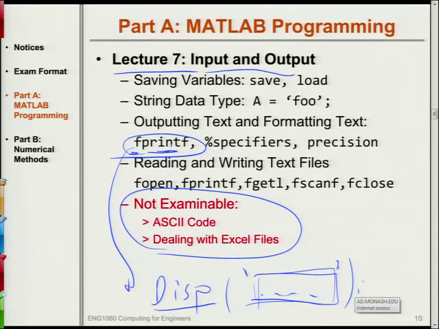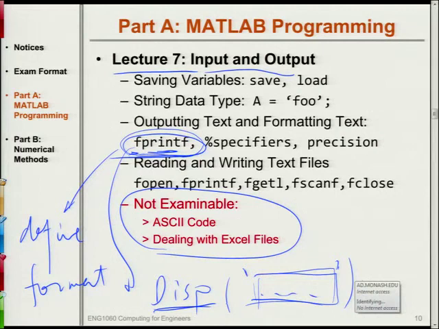Well, formatted printf lets you not only print out, but also define the format you want to print out: how many precisions, how many decimals. So fprintf is more sophisticated than disp.